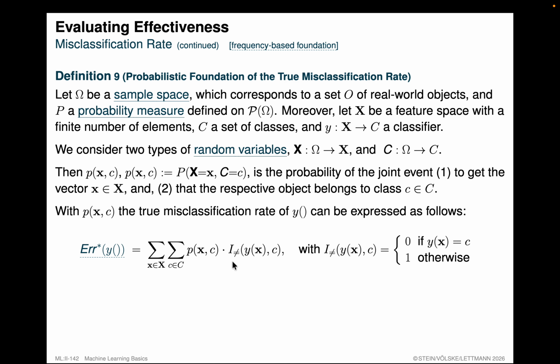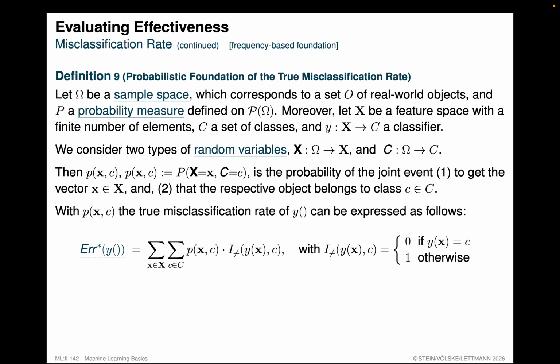If the model function makes an error, we accumulate that probability to the total sum. And that's all. It's just a huge sum that we are computing here. And this is then the probabilistic way of looking at the true misclassification rate.